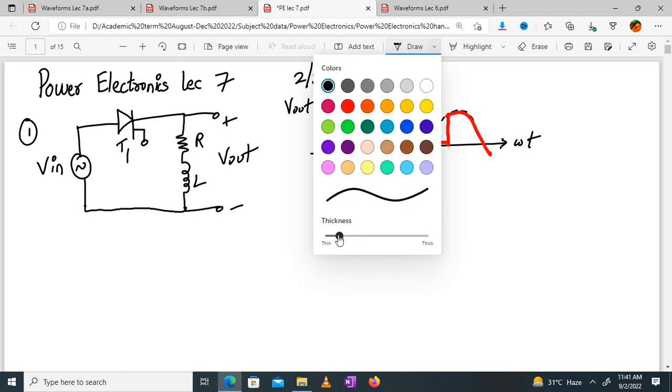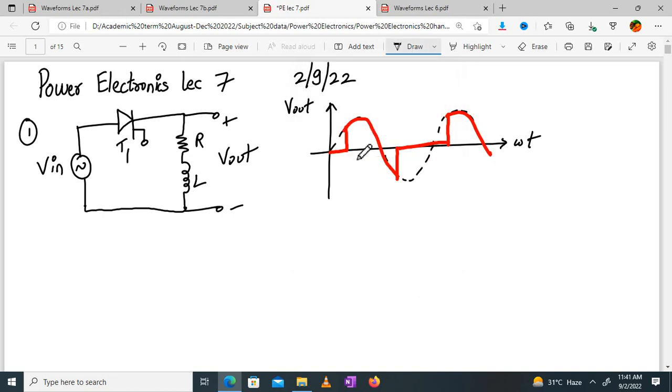Also write what is the x-axis. This is alpha. This is pi. What is this? Pi plus beta. This is beta. Yes. This is 2 pi.